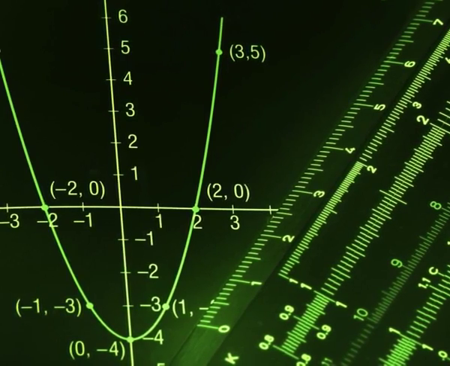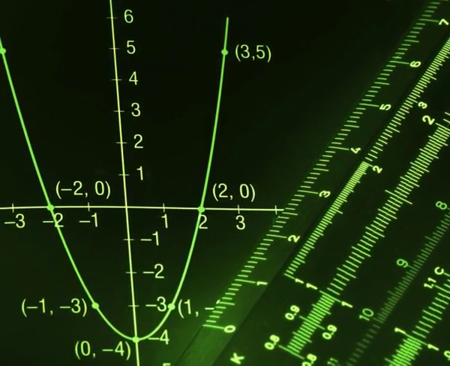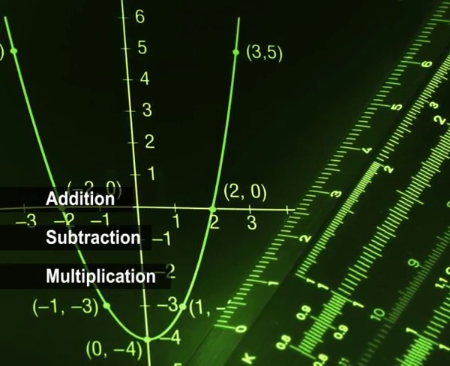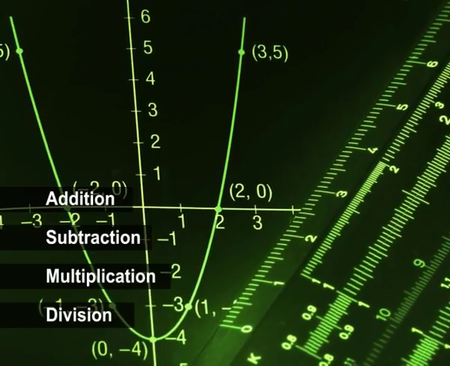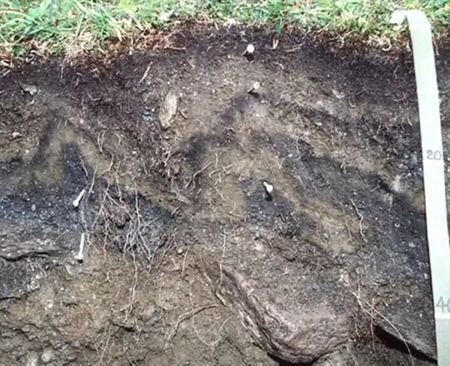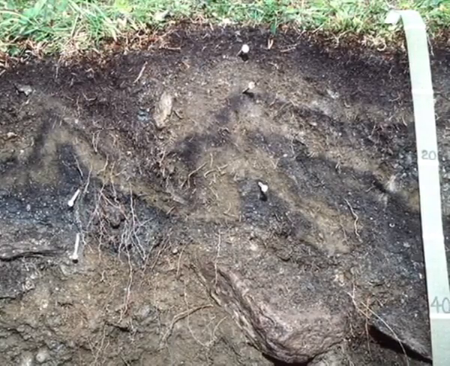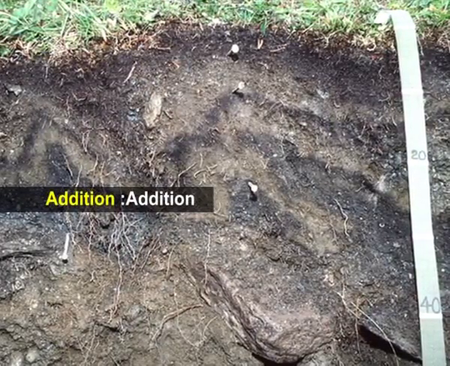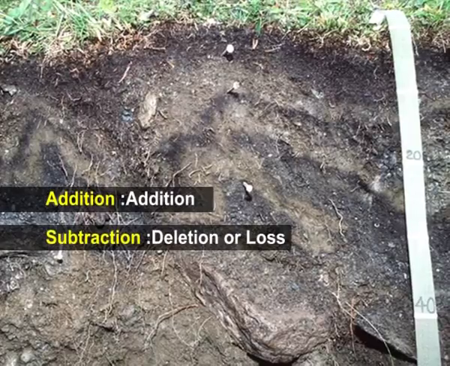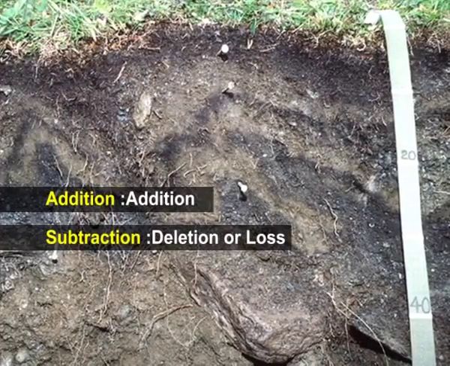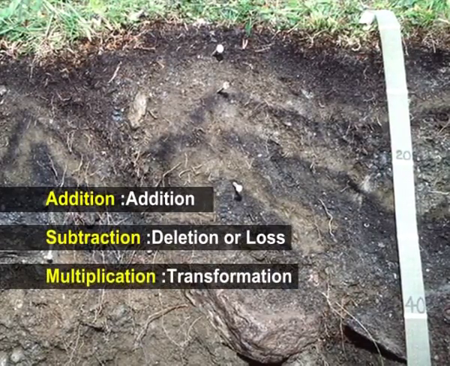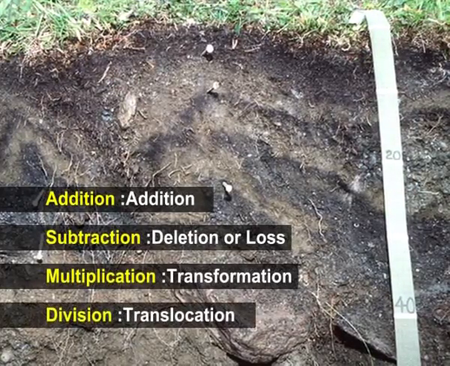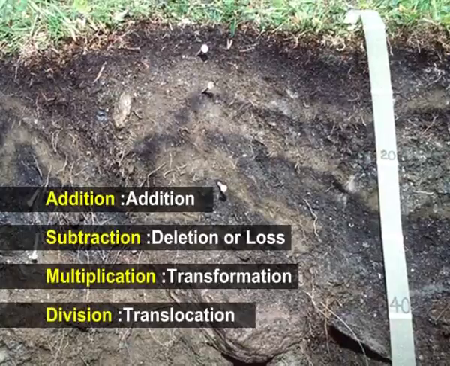In mathematics, the basic processes are addition, subtraction, multiplication, and division. In pedogenesis, they can be roughly related to these processes as addition is addition, subtraction is deletion or loss, multiplication is transformation, and division is translocation.